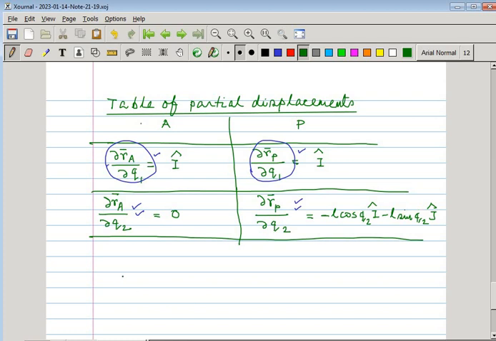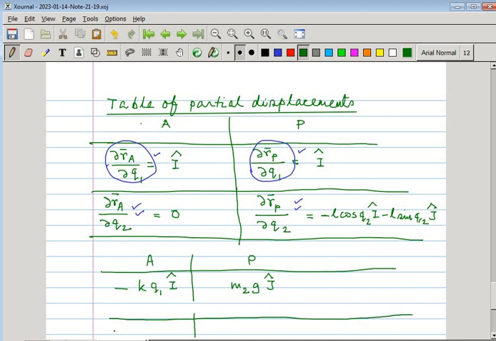And obviously the active forces FA, FP, active forces on A and on P. So this is minus K Q1 I and M2 G, and then the inertia forces.